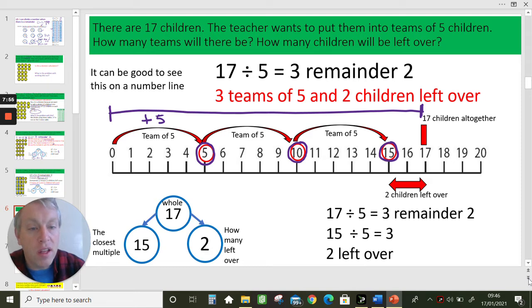We can't count on to 20 because that's more children than we've got, so we won't do that. But we've made 3 groups of 5 that gets to 15. 3 teams of 5, but we mustn't forget that we've got 1, 2, 16, 17. 3 teams of 5 and 2 left over.